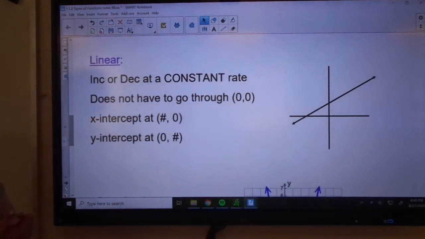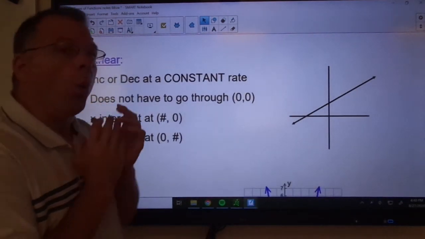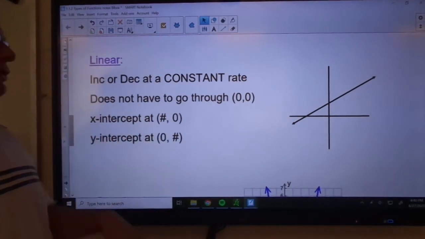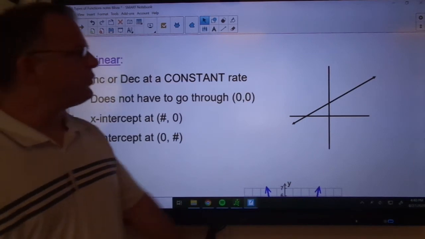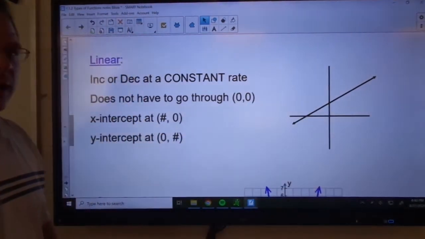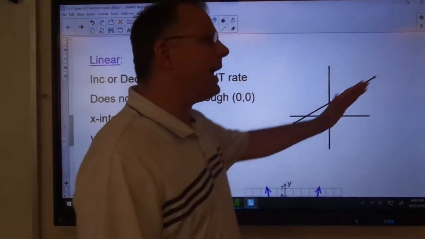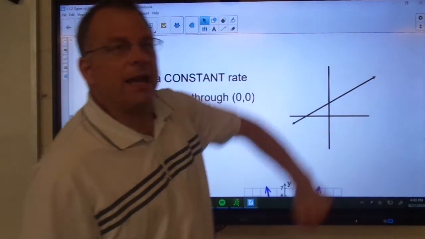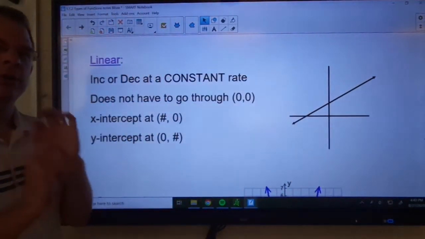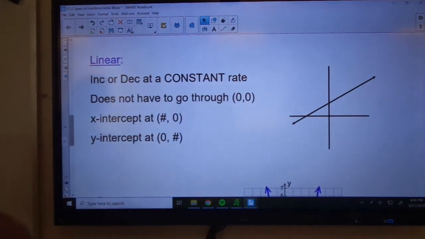Linear graphs. So proportional graphs are one kind of linear graph that goes through 0, 0. But as long as it has a constant rate, we would call it linear. This one doesn't go through the origin, but it's still increasing at a constant rate. Or you could have it go like this and decrease at a constant rate. As long as that rate is constant, we would call it linear.